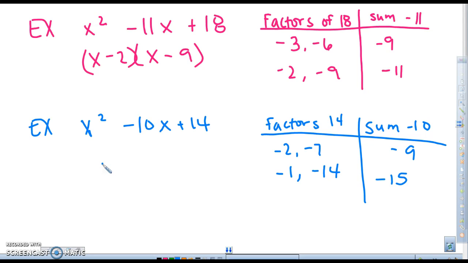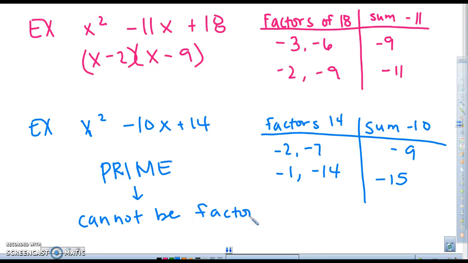There are no factors of 14 that give me a sum of negative 10. So what I can say is that this one is prime. It literally cannot be factored. And it would be really nice, I mean, obviously, that's not a lot of work if it's prime and it can't be factored.